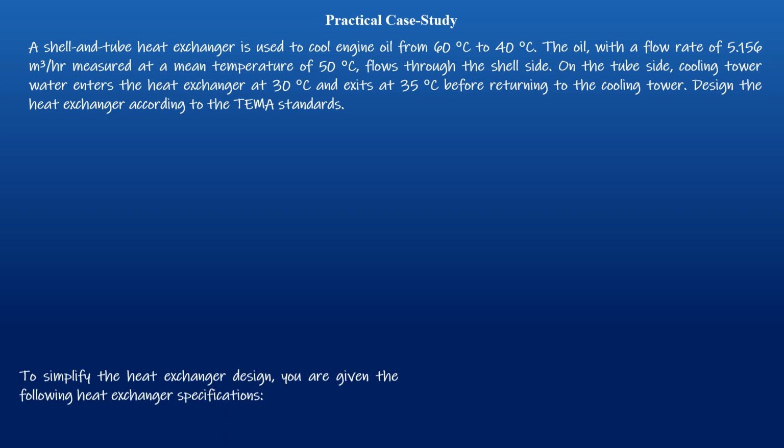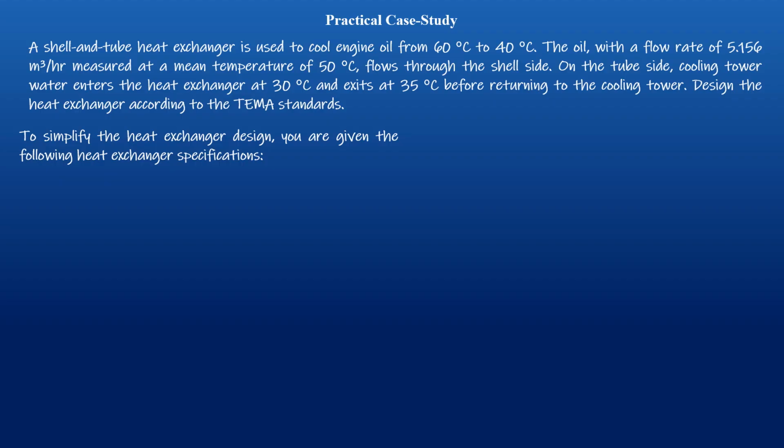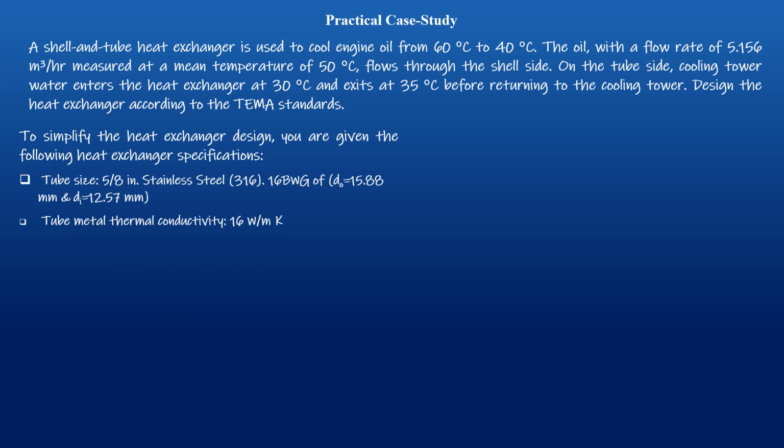We have some information given, or we have to start with these assumptions of physical and geometrical parameters. Let us consider a stainless steel tube, 316, that is 16 Birmingham wire gauge, with outside diameter of 15.88 millimeter and inside diameter of 12.57.